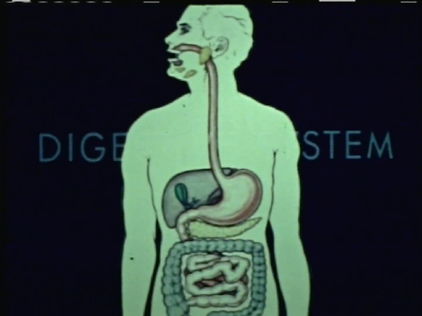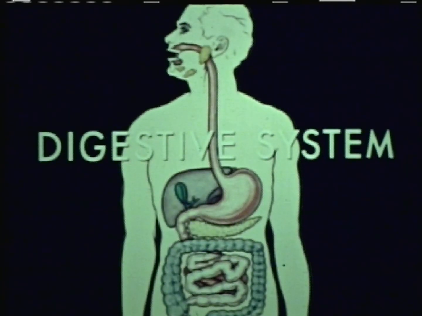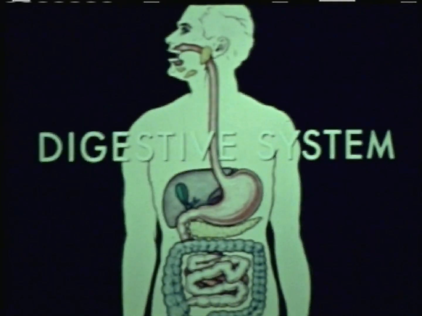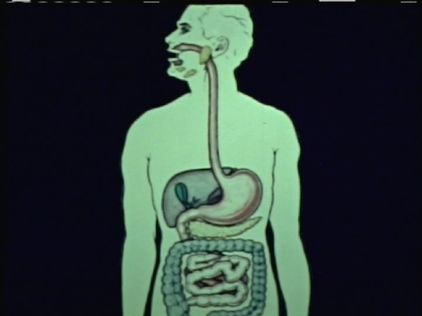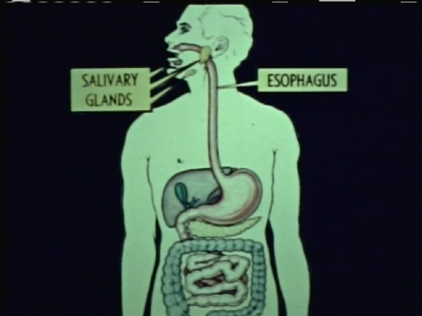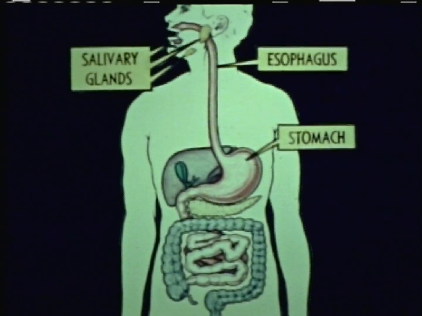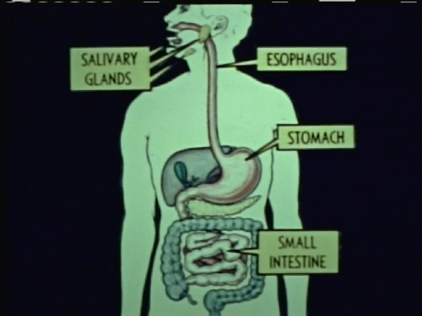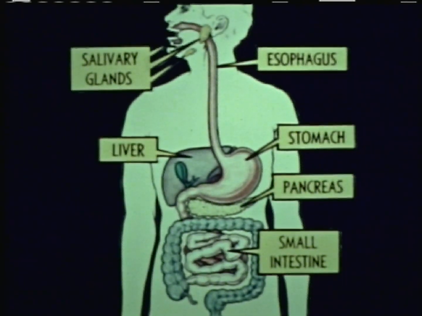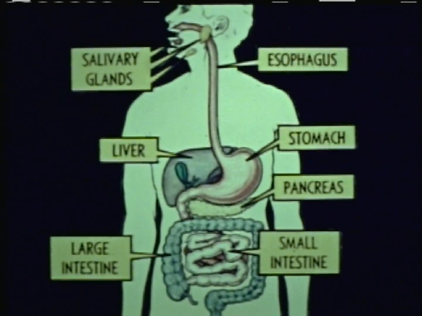The function of the digestive system is to chemically break down these nutrients into simpler food materials that can be used by the body. The organs of the digestive system that perform this breakdown of food are the salivary glands, the esophagus, the stomach, the small intestine, the liver, the pancreas, and the large intestine.